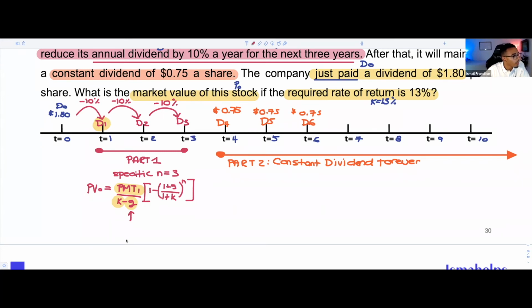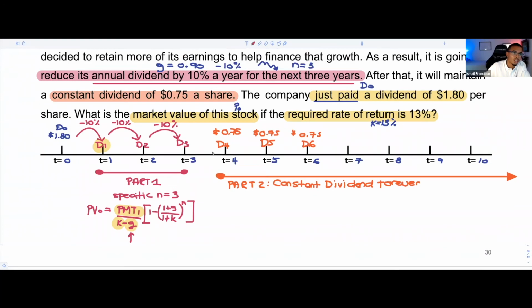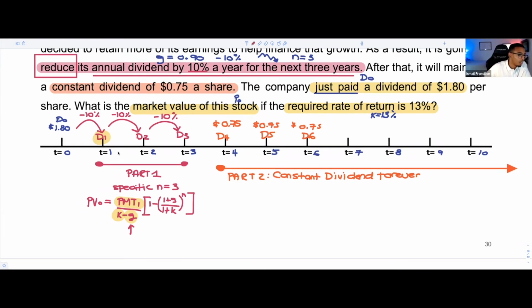Is it 0.1? If we're reducing by 10% every year, what is our G? Oh yeah, my bad, everybody. My brain was fried a little bit for 2 seconds, but exactly.